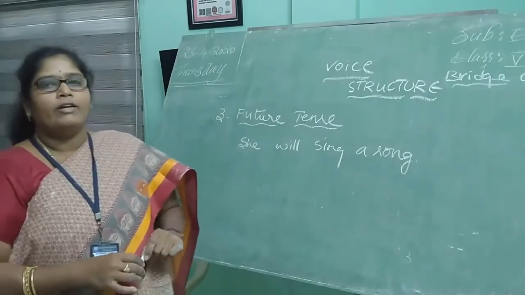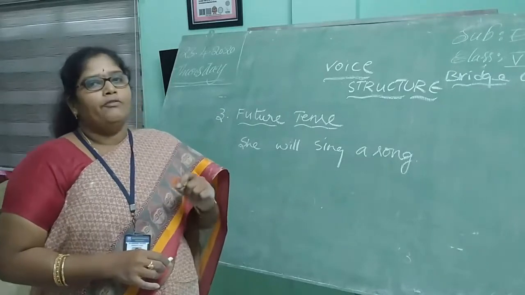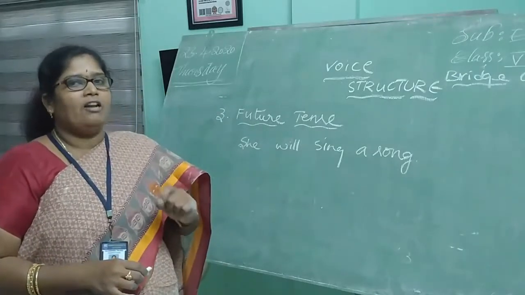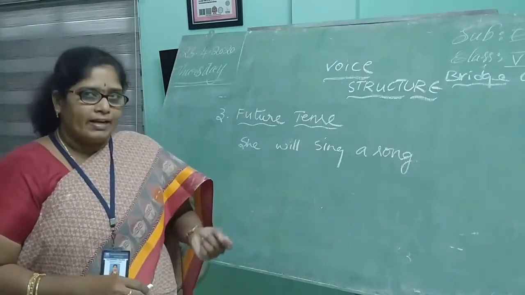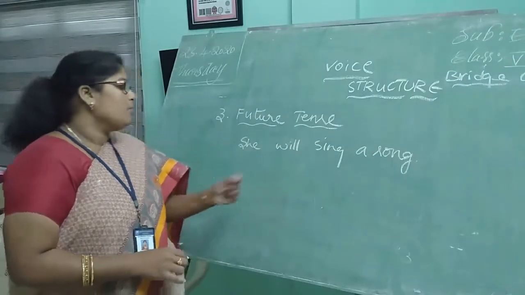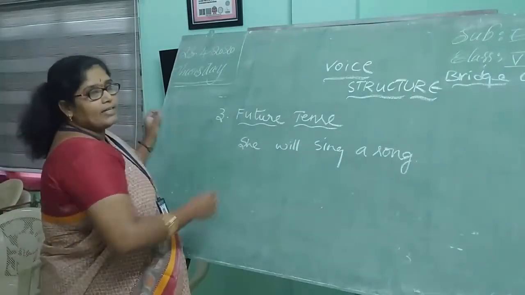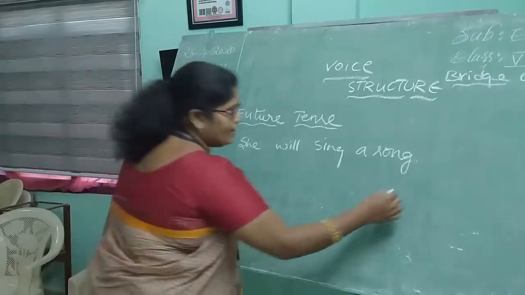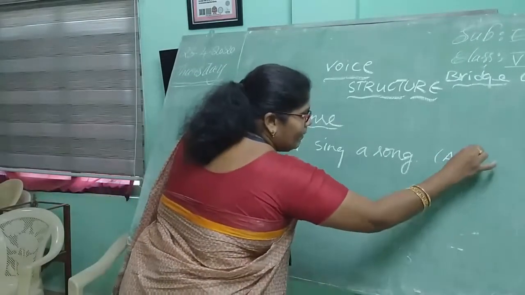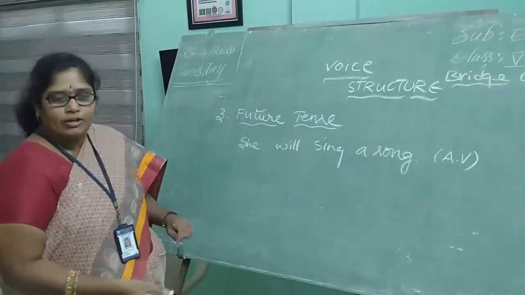To get a future tense, if you add will or shall with V1, then you will get the future tense. So here see the sentence, children, a future tense sentence, and it is in active voice, undoubtedly.